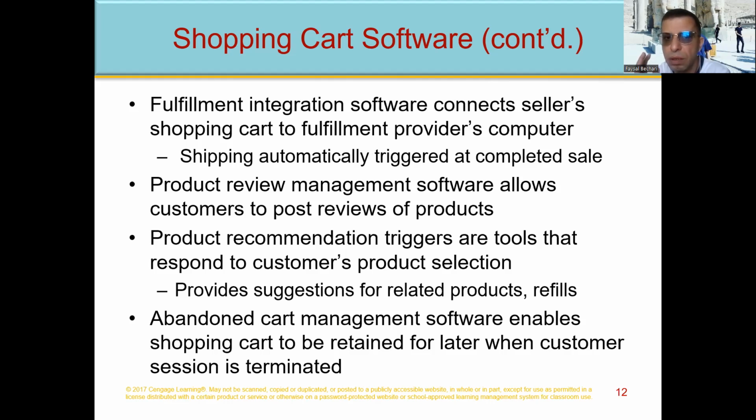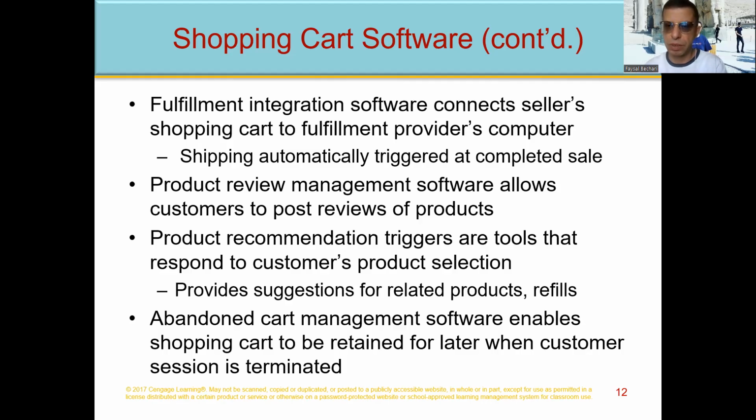Once you do shopping, we have fulfillment integration software, which connects the seller's shopping cart to the fulfillment provider's computers, and shipping is automatically triggered at the completed sale. So you see the address.